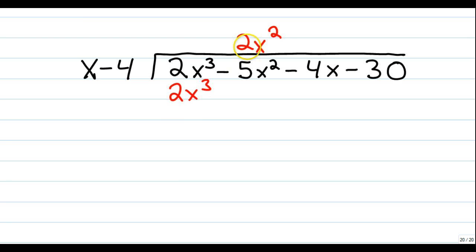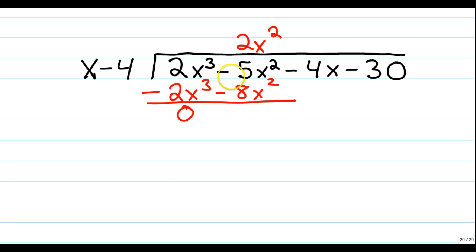Now come back and distribute the 2x to the 2nd to the negative 4. So we end up with a negative 8x to the 2nd power. Just like in long division now, we're going to subtract. So a 2x to the 3rd minus a 2x to the 3rd is going to come down to a 0. A negative 5x to the 2nd minus a negative 8x to the 2nd.